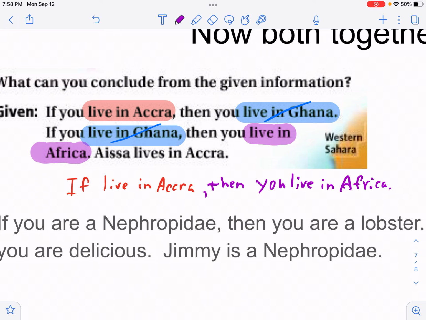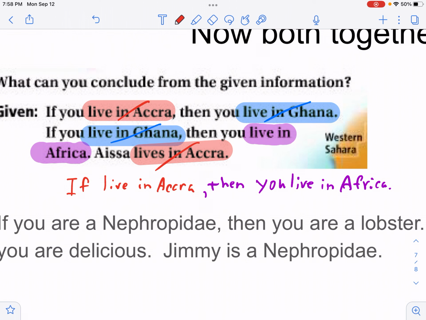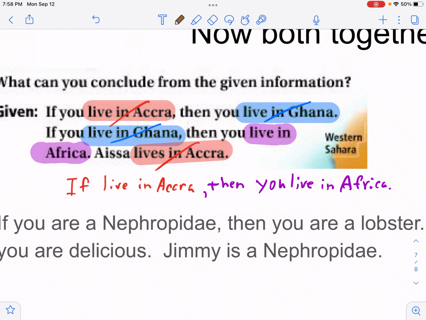Ghana is no longer mentioned, but we're not done, because we've also got this statement that says Isa lives in Accra, which means that by the law of detachment, that cancels out, and we can just create one statement that says Isa lives in Africa.